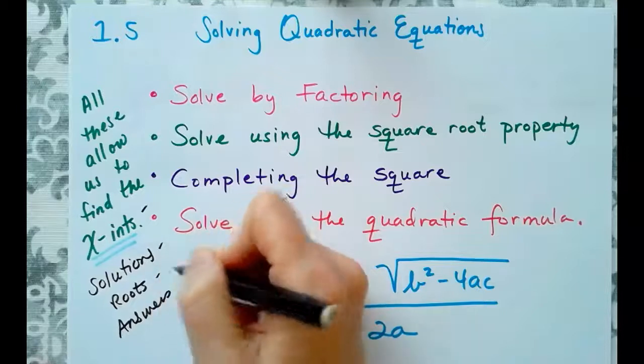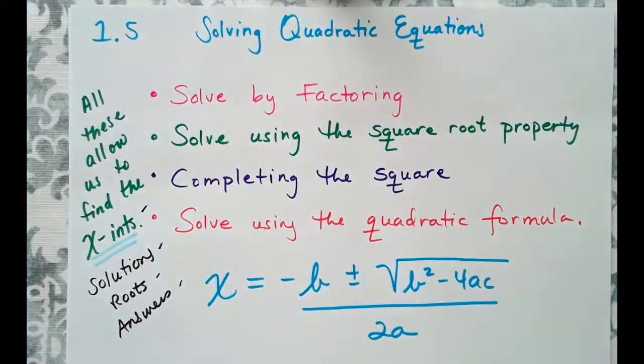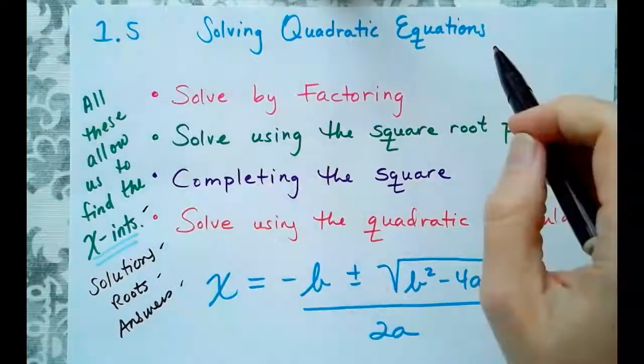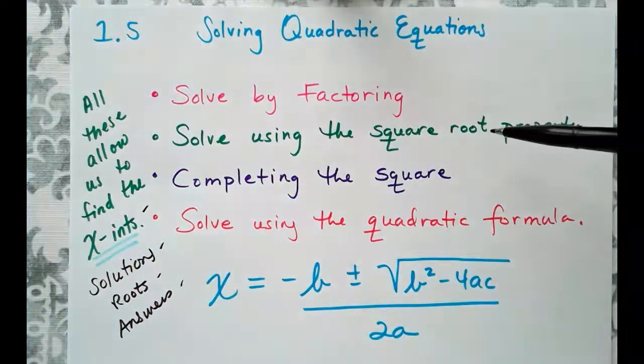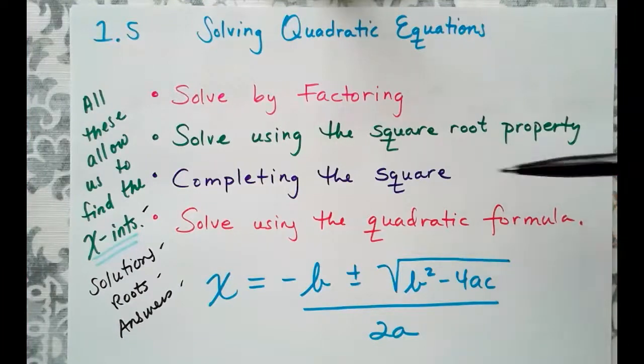X-intercepts, solutions, roots, answers. And we can solve quadratic equations by factoring, by using the square root property, by completing the square, or the fail-proof way is to use the quadratic formula. Now the quadratic formula, some people like to go right to it, but it usually requires the most work.